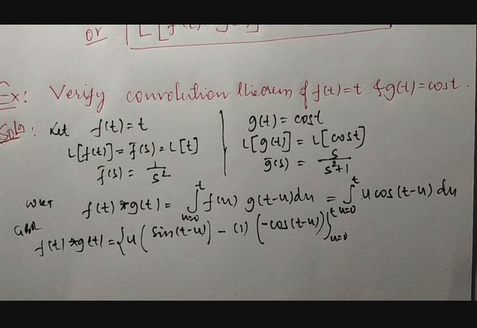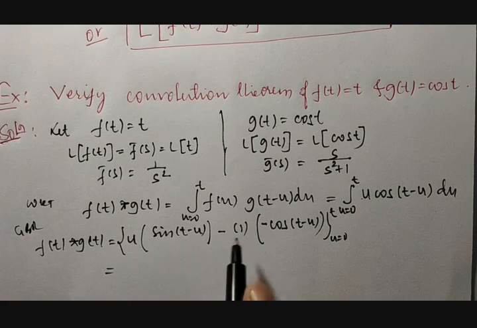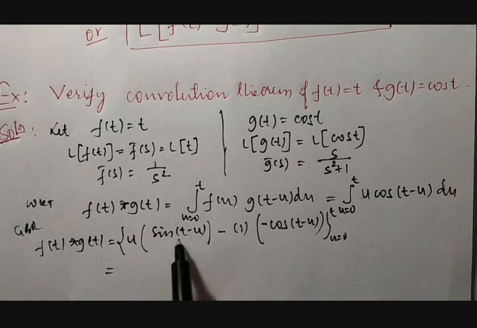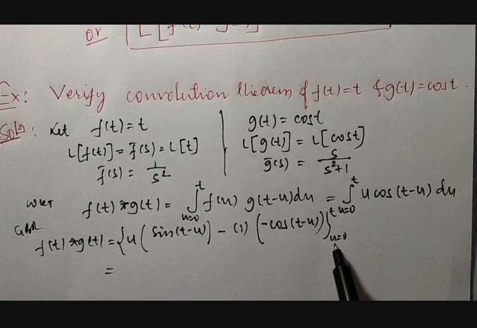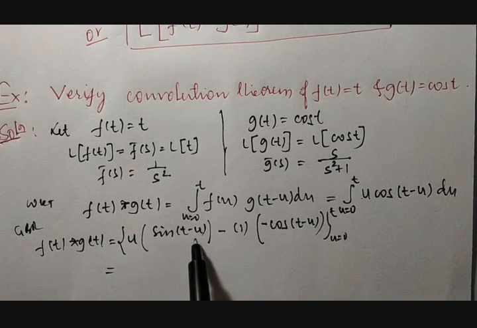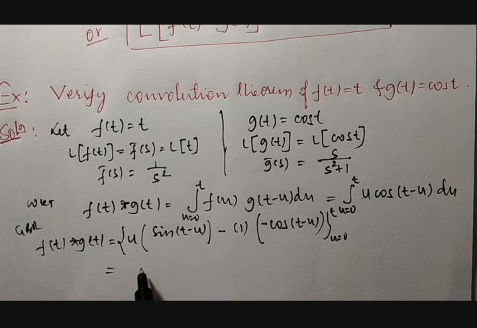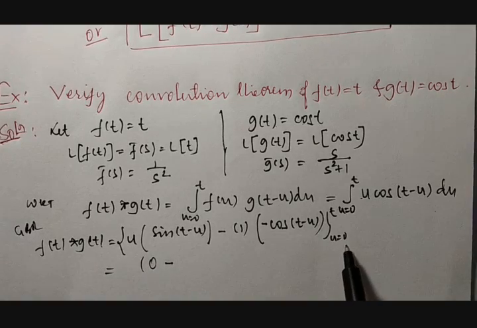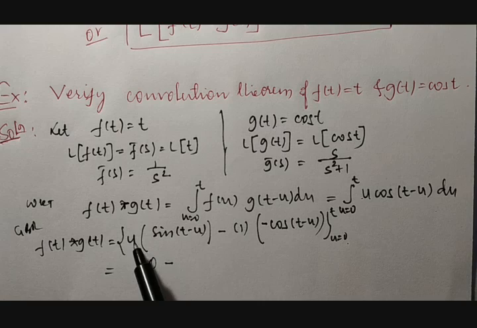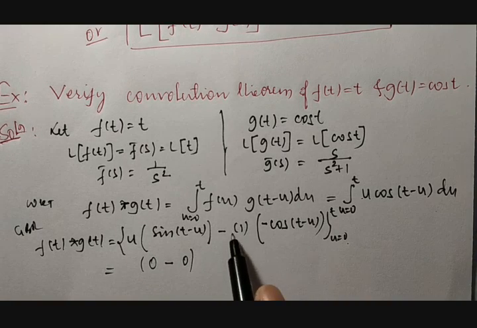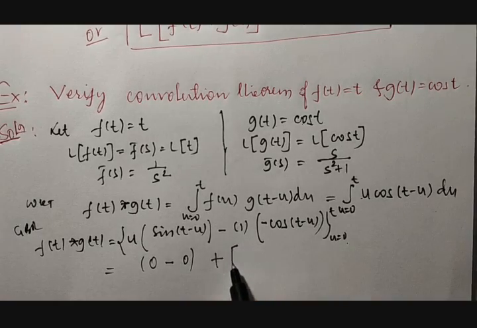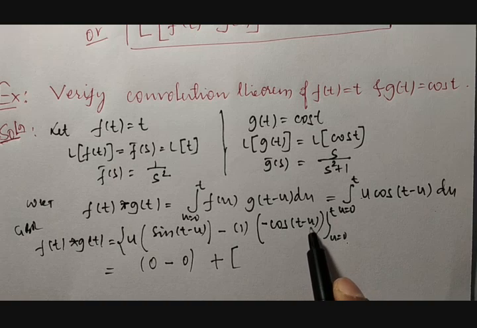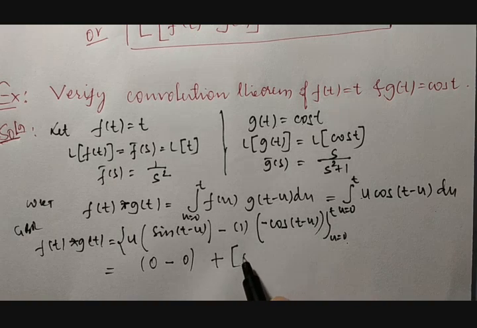Fine. Substitute the upper and lower limits. If you substitute the upper limit u is equal to t, then t minus t becomes 0, and sine 0 is 0, so it is gone. Minus, if you substitute 0 in place of u, then it is again 0. Then minus of minus is plus, then substitute the upper limit t in place of u, then it becomes cos 0.